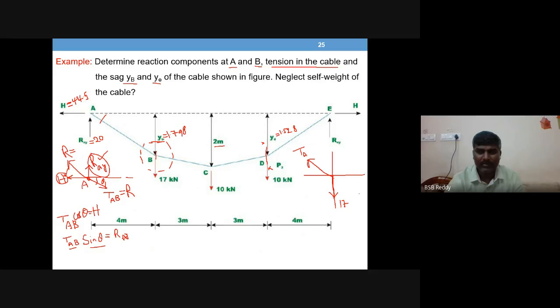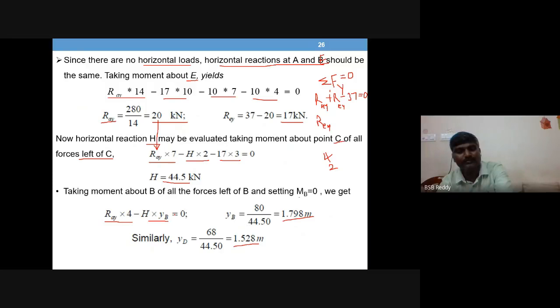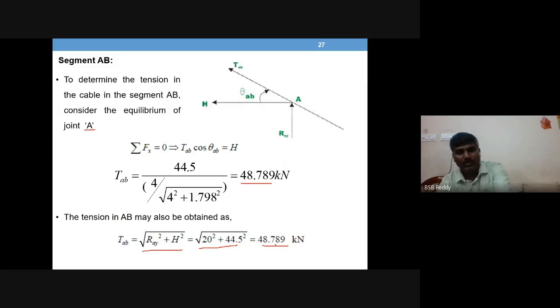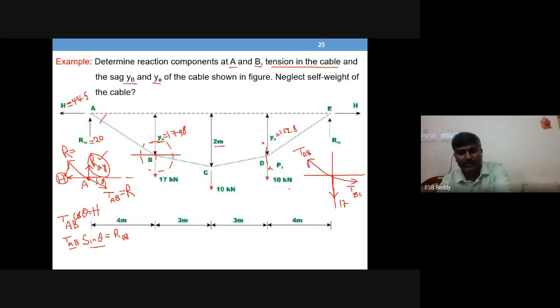Cable AB, and this cable BC is below this. You have drawn a line like this, right? So below this, TBC is below. TBC, right? So you know the TAB value from the earlier joint. What is the TAB value? 48.789. Write that one.